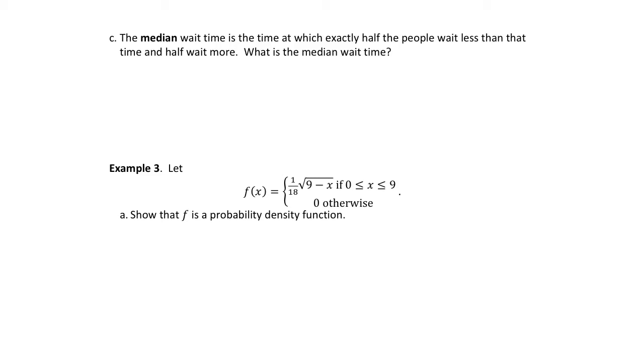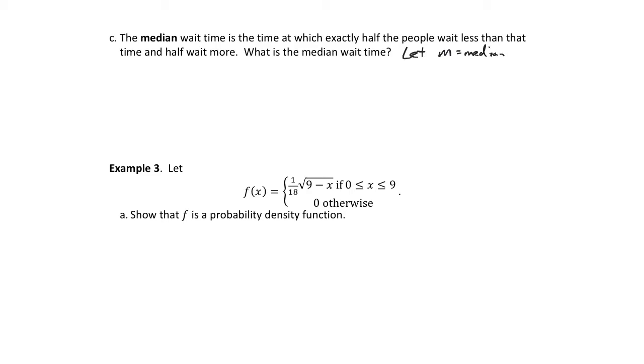That's true whether we're dealing with a discrete probability density function like rolling dice, or a discrete collection of data like exams, the number of students in an exam, or if I'm dealing with continuous information. So the median wait time in this particular case would be the time at which exactly half of the people wait less than that time and exactly half of the people wait more than that time. And so I'm going to let m be the median wait time.